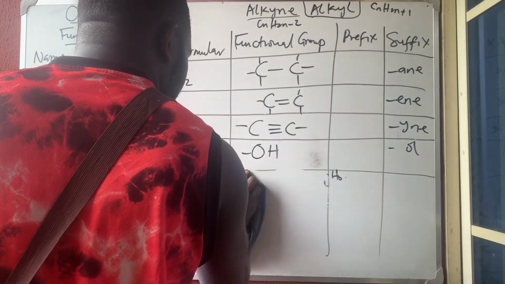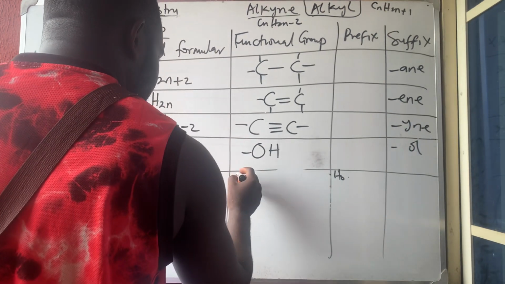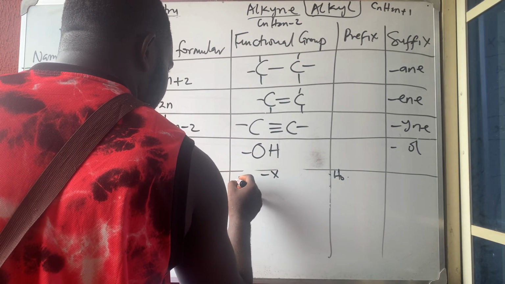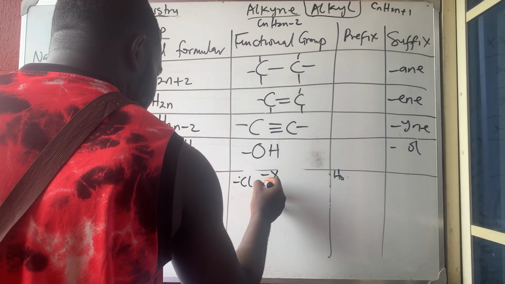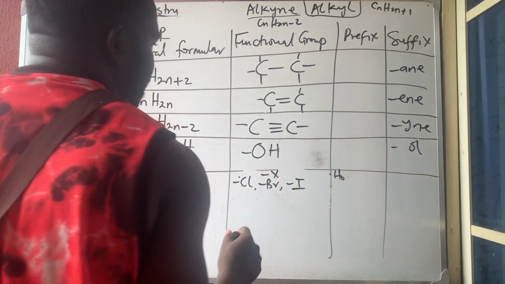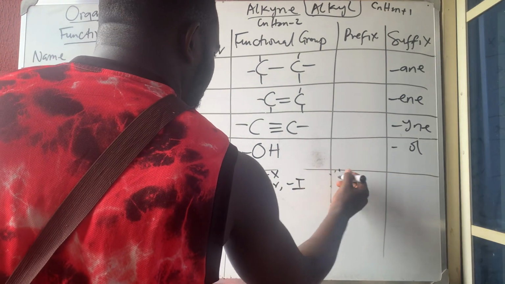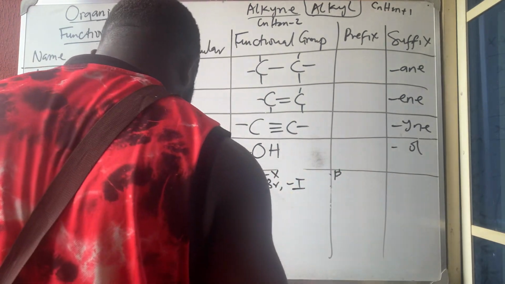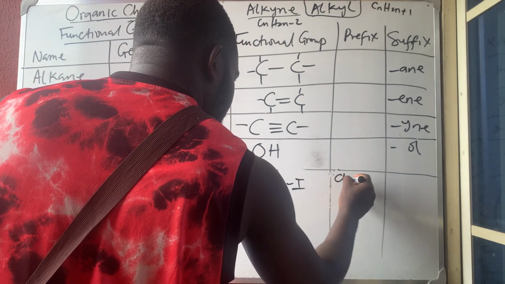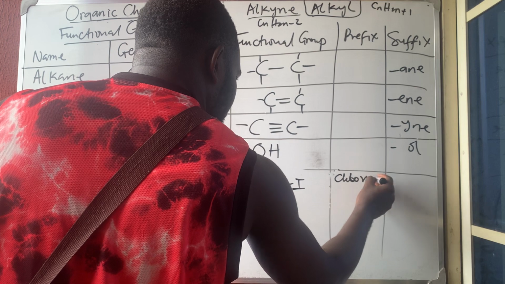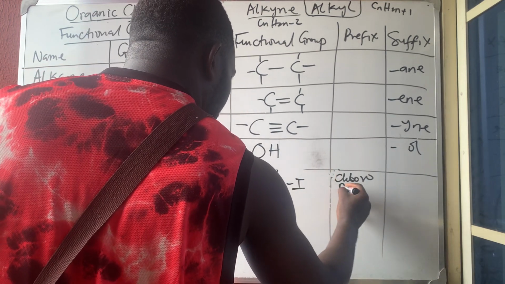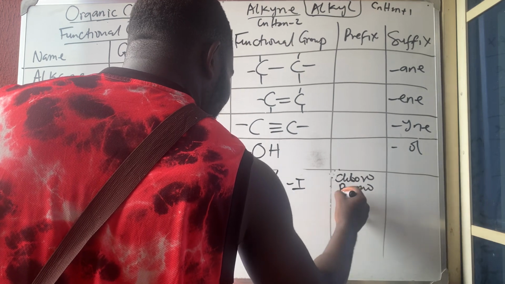Just know that the halogens comprise the chlorine, the bromine, and the iodine. So we use them as what? Let me start from chlorine: chloro, bromo, then iodo.